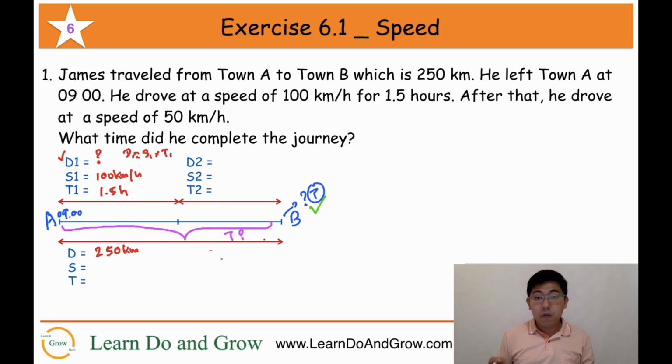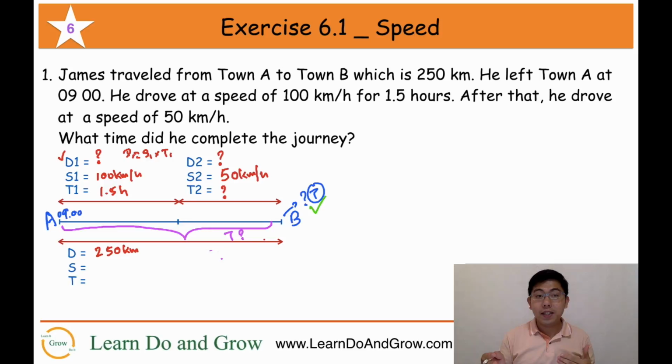Okay, continue. After that, he drove at a speed of 50 kilometers per hour. In this case, over here is 50 km per hour. T, they don't tell. D, you also don't know. But can you find D2?